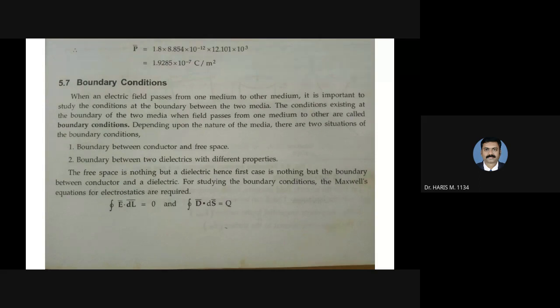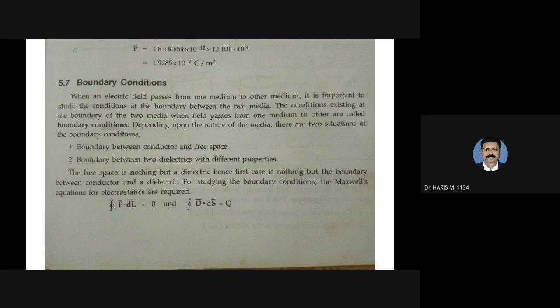The example for the dielectric material is taken as air. Air is also one type of dielectric material. Similar to air, there are other dielectric materials available. Every dielectric material will have different properties. In that case, you also have to study the boundary between the two dielectrics.